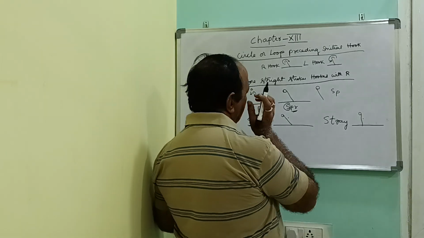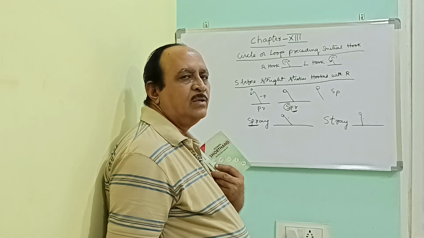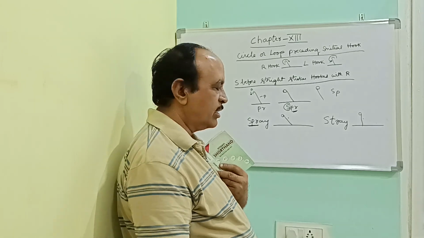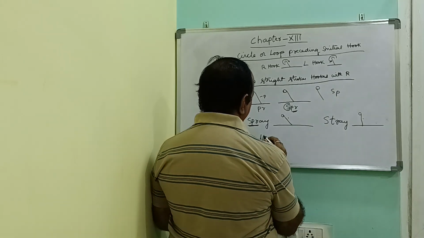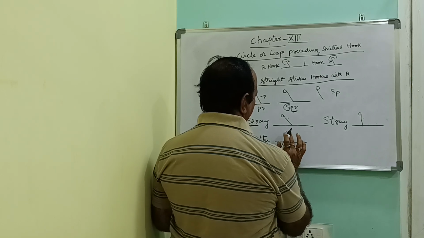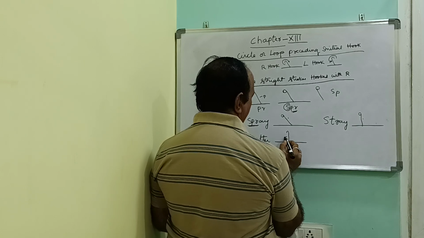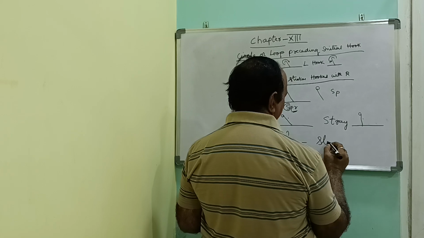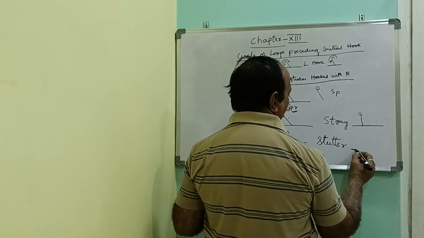In the same way, we can add the ST loop also. The sound ST also we can add to straight strokes hooked with R. See how we can add it. For example, atta, right? You will write atta like this. Then tar, then stutter. Stutter. Fine? How will you write it?